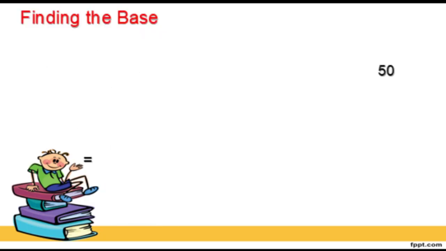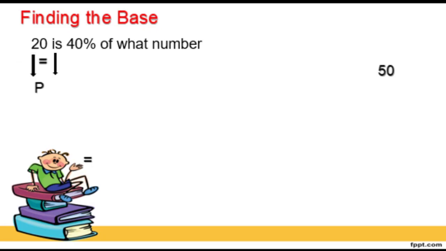Okay, next example. So 20% is 40% of what number? Again, the percentage is only 20 and is in math is equal, 40 is the rate, and of means times, and what number is the unknown, which is the base.